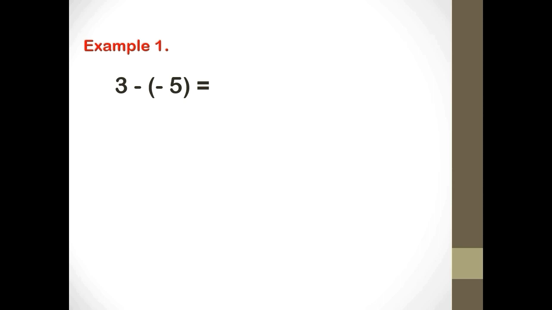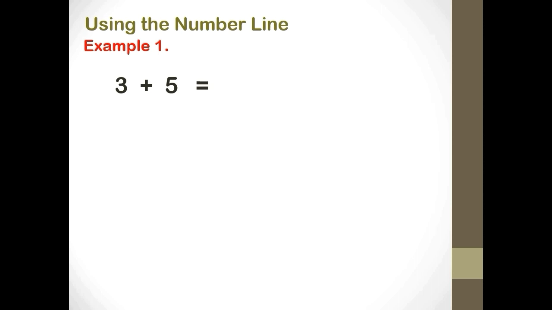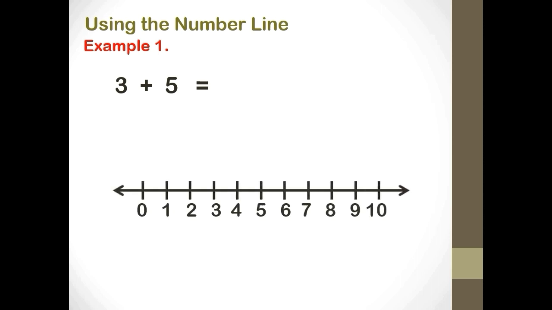This time, let us solve using the number line method. But before that, we still apply the rules on subtraction. We change the sign of the subtrahend, and we also change the operation to addition. After that, we locate the first addend on the number line.